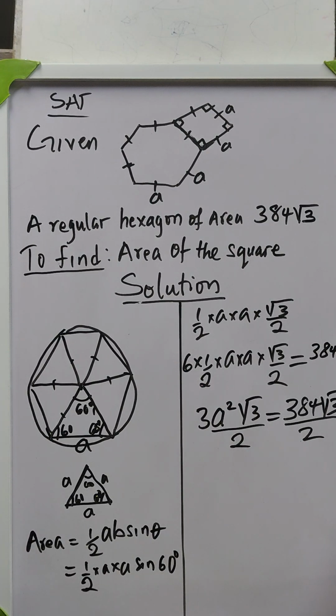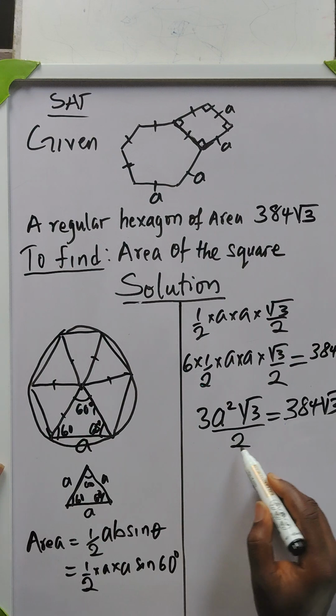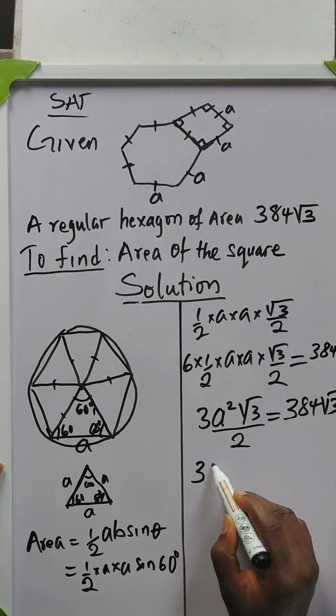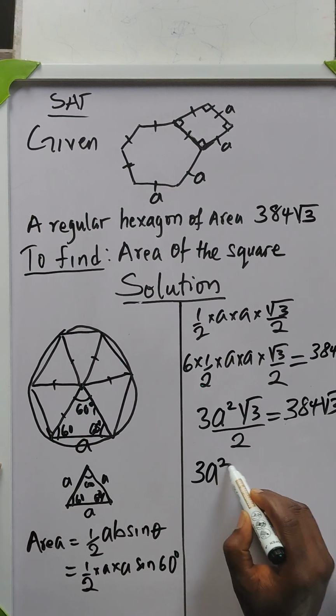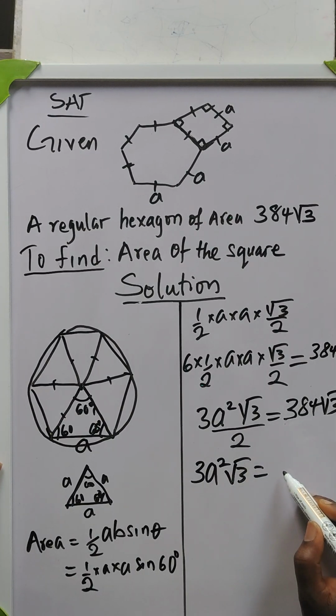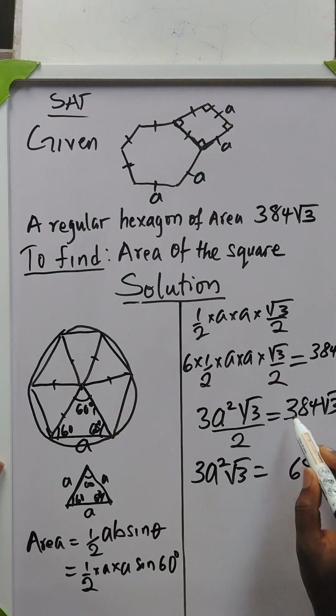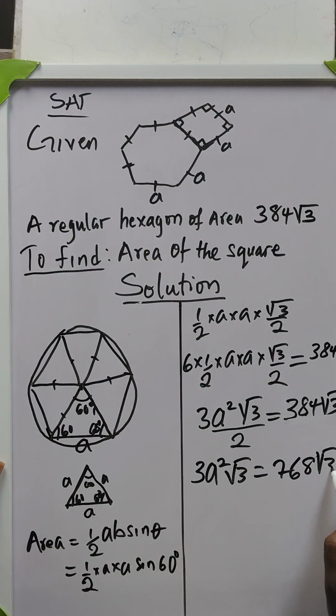I want to make A squared the subject of the formula. Anyway, we have 2 here, so sorry, there's no 2 here. So cross multiplying, you will have that 3A squared root 3 is equal to 384 root 3.